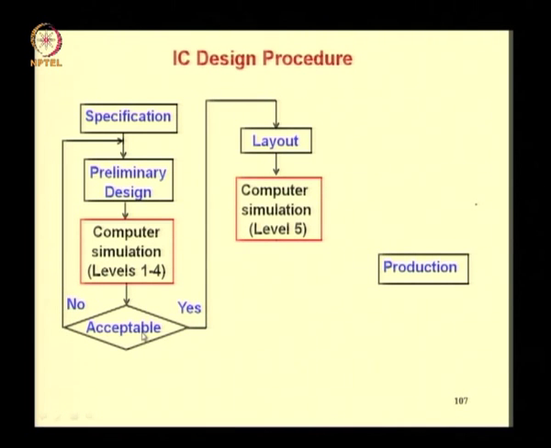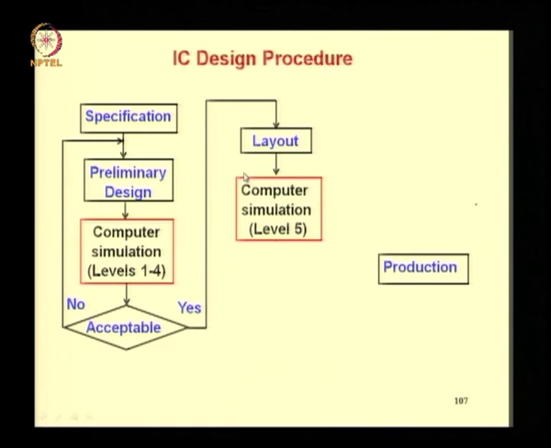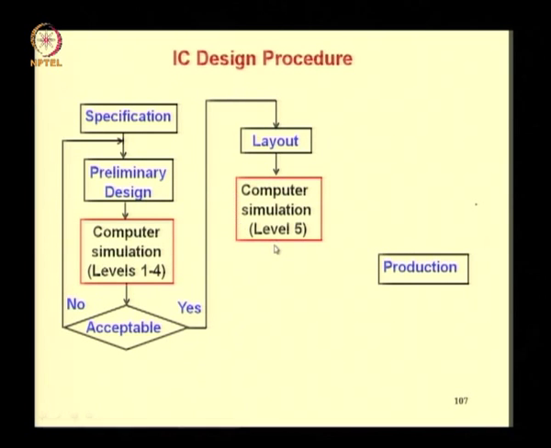If the design is acceptable as confirmed by simulations, then you move on to the next step, namely laying out the circuit. After laying out, you extract the various interconnections of the devices and the devices themselves, and then subject the extracted interconnection and devices to a computer simulation to check whether the layout has been proper and you are getting the specification that you are aiming at.